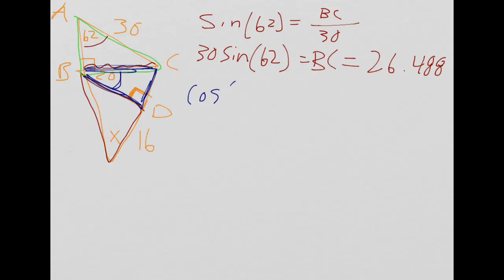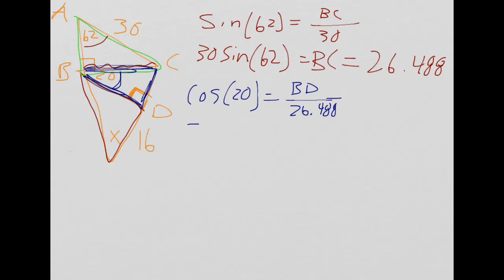Cosine of 20 equals adjacent, which is BD, which we don't know, divided by the hypotenuse, which is BC, which we just found to be 26.488 roughly.